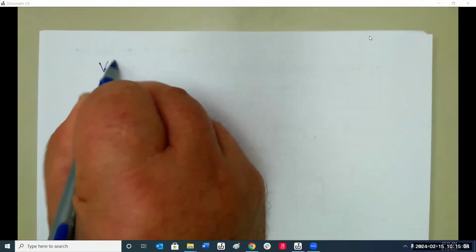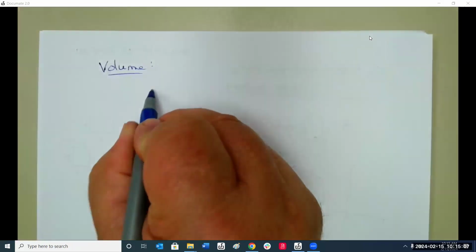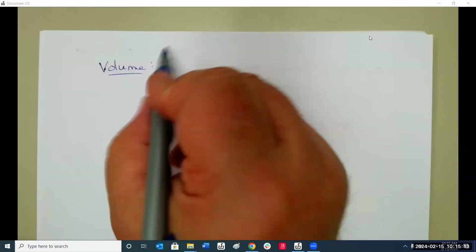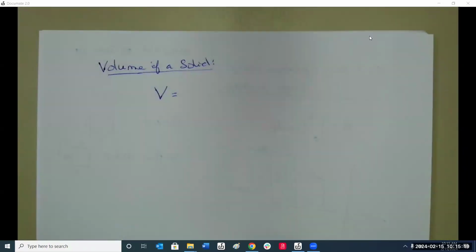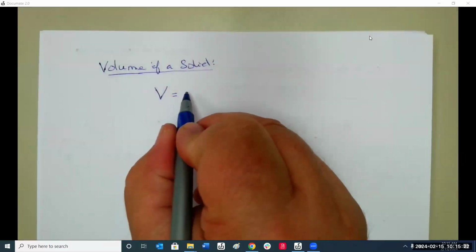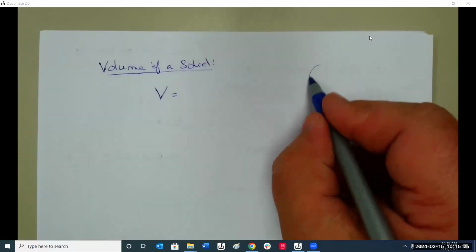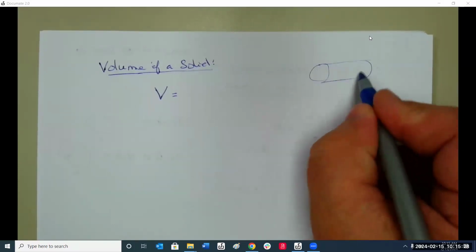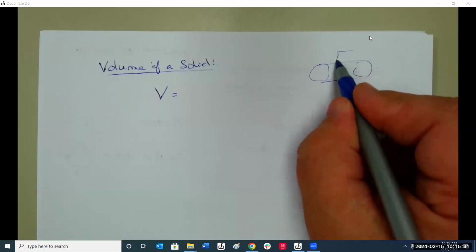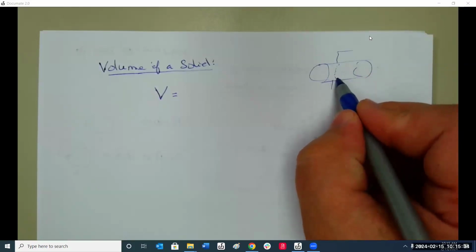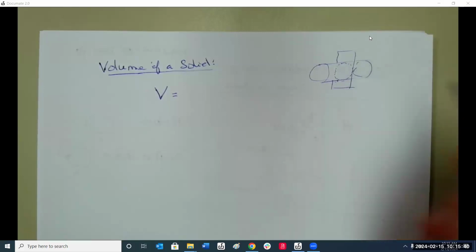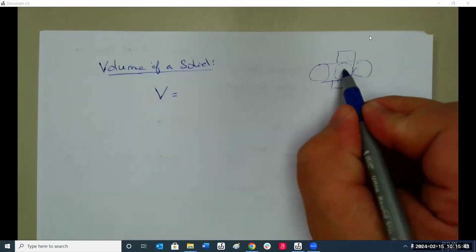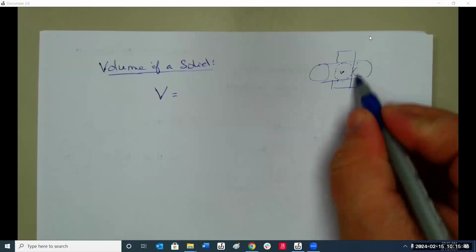So we're looking for the volume of a solid. Remember, I'll use a cylinder. I use the plane and cut that plane with the solid.